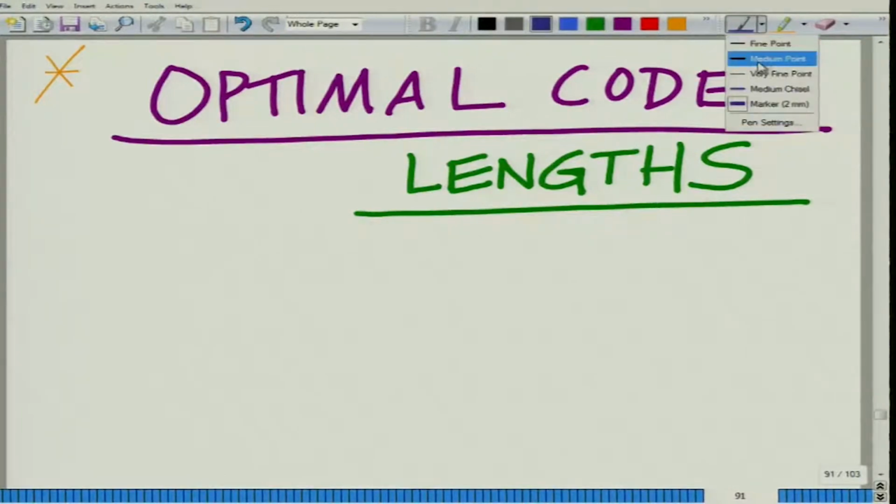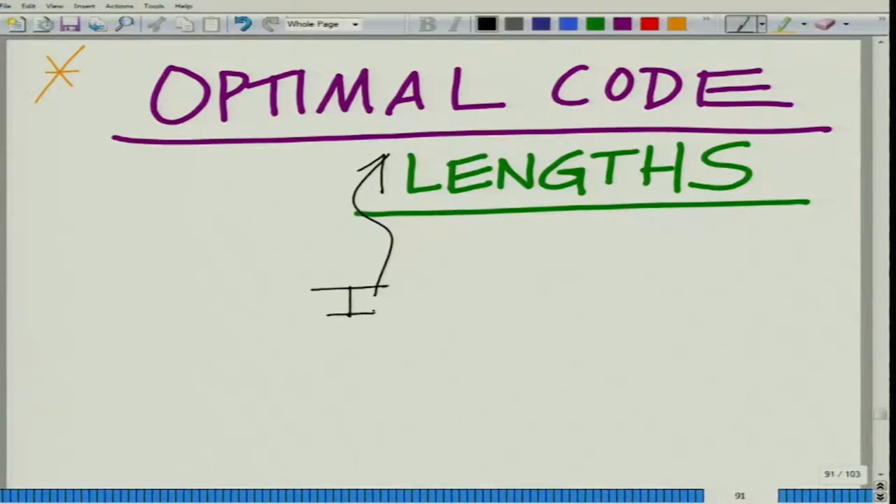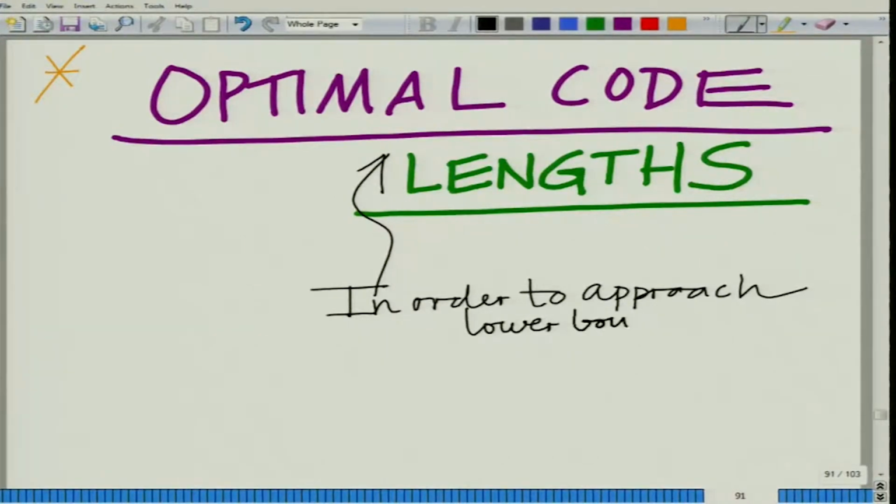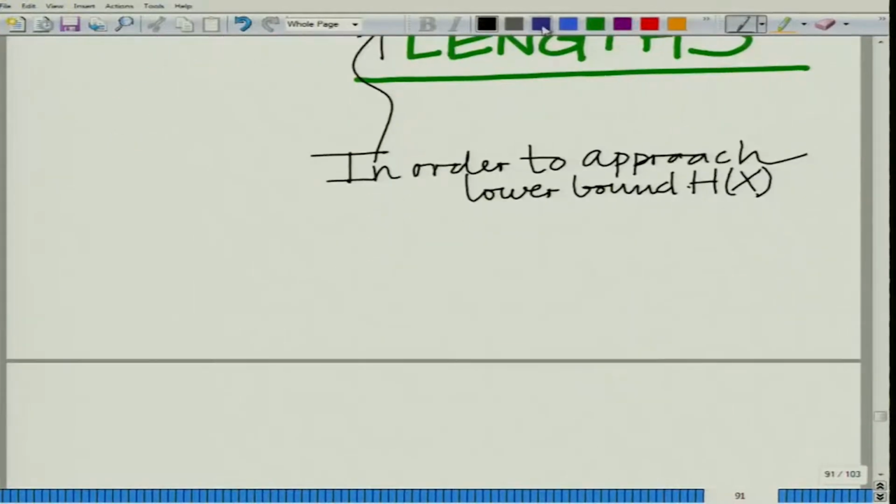The idea is basically to approach the lower bound, which we have seen is given by the entropy H(X) of the source. So we want to find the optimal set of lengths.